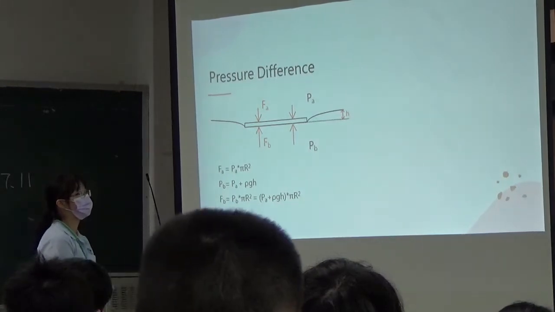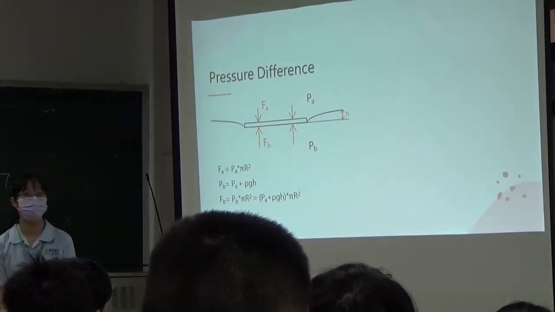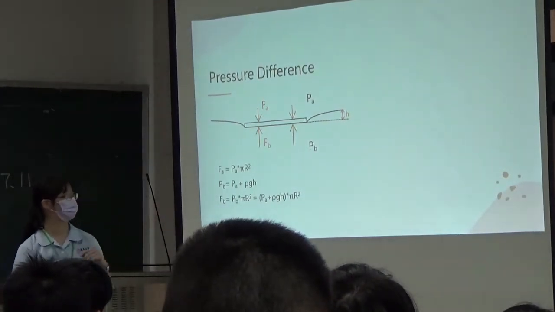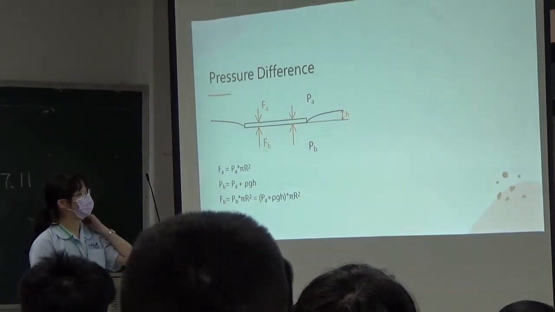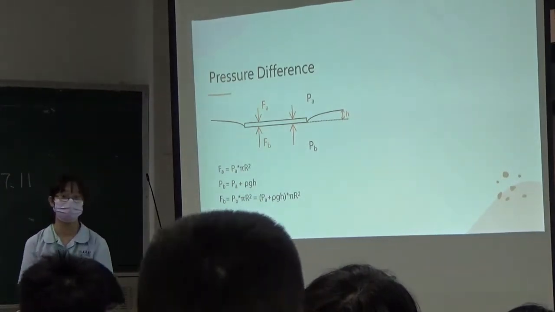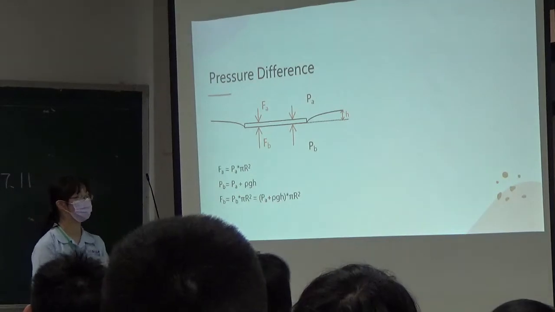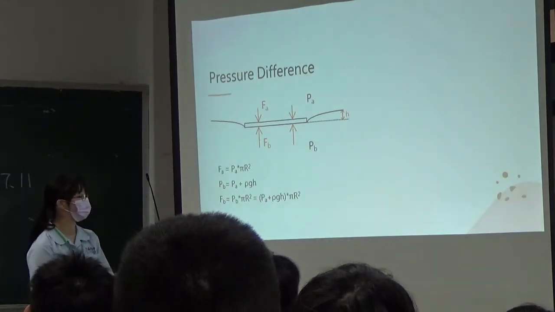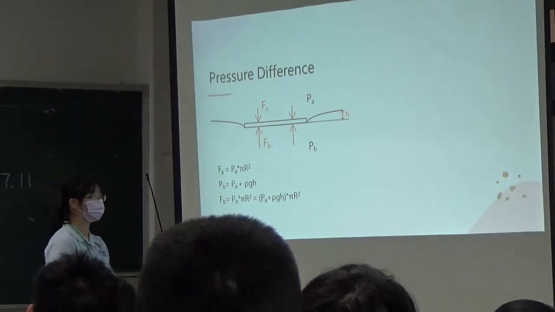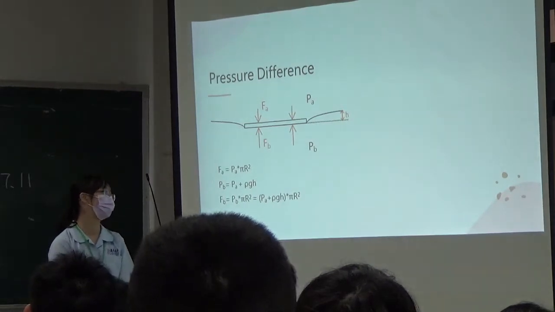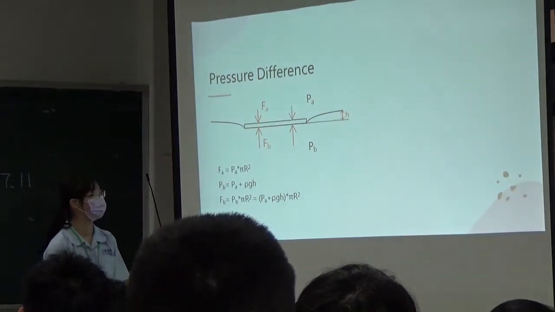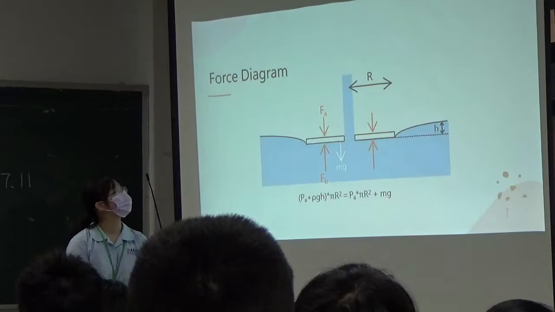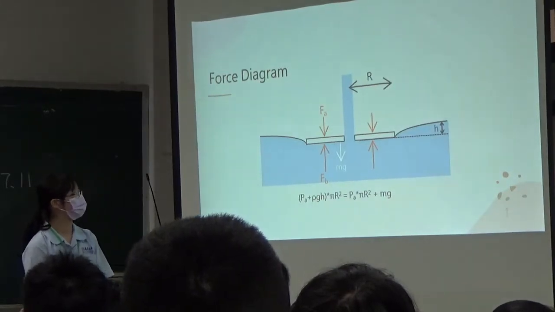So we know that PB equals PA plus rho times g times h, and FA equals PA times the area, which is PA times pi r squared. And FB equals PB times area, which is PA plus rho g h times pi r squared. So this is the force diagram.